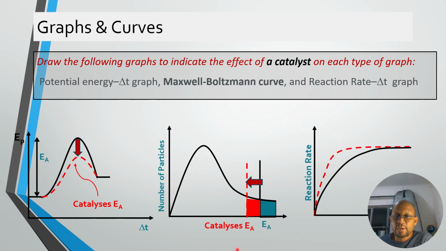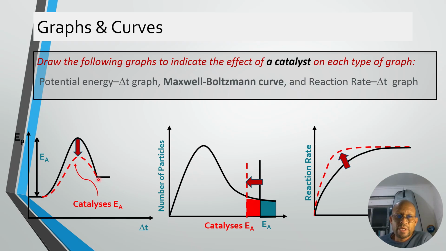Then the last graph is the reaction rate. So this graph kind of just shifts where this first part is more bending towards the y-axis, and that will be more bulge. But remember, these two parts must be connected. It will straighten out and level with the x-axis at the same point. At the beginning part and the end part of these graphs will always be at the same points. It's only in the middle where the graph will bulge up a little bit.